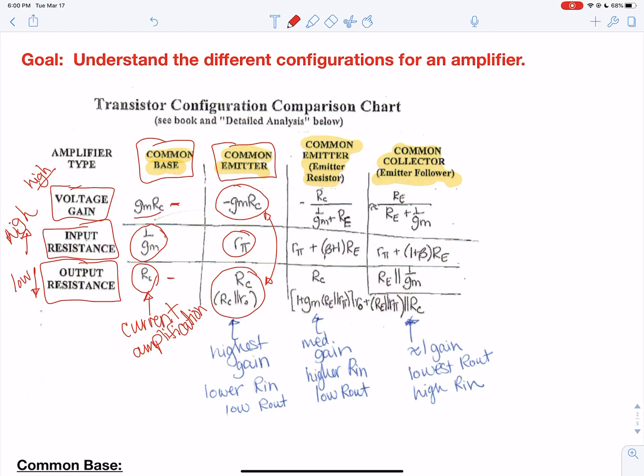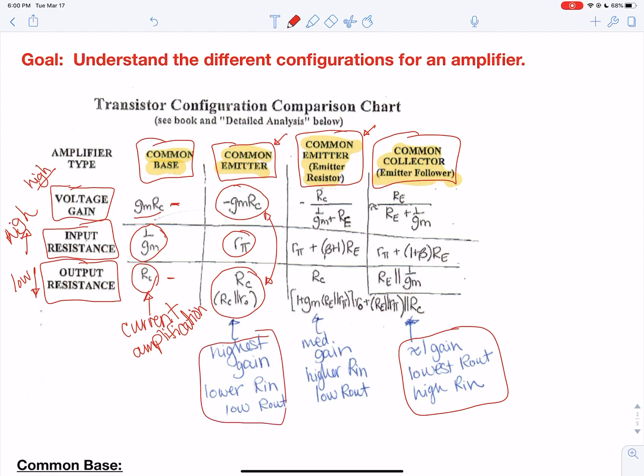So a lot of times you'll cascade amplifiers, use a common emitter or a common emitter with emitter resistor as your gain, and then a common collector with emitter follower as the next stage. Usually you can design that to give you a gain of approximately 1, and it has a low R out and a high R in.